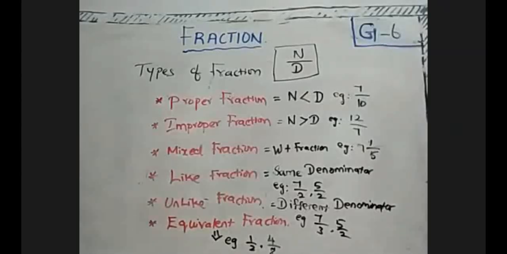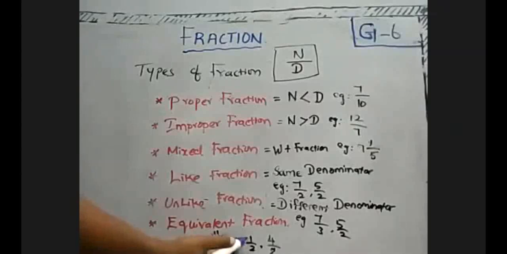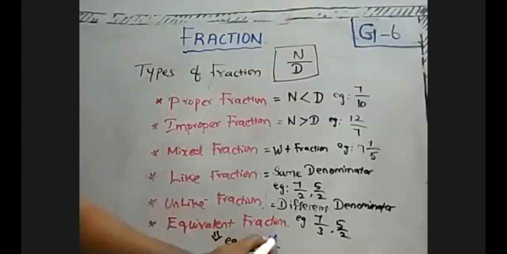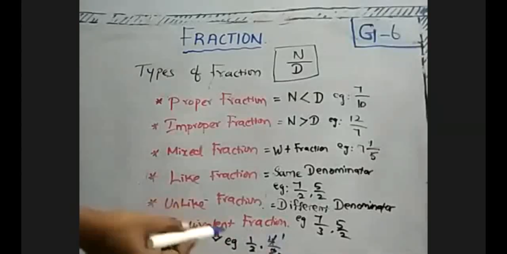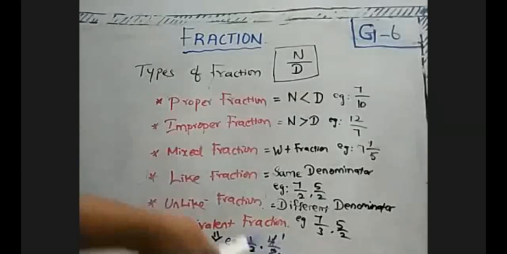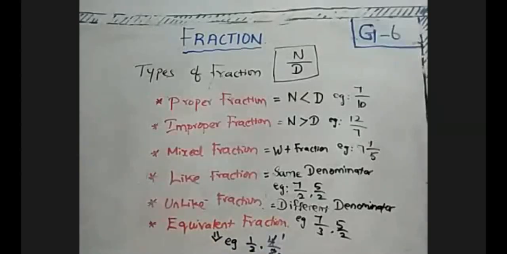The one which cannot be reduced, we leave as it is. The next fraction, you should reduce. 1 4s are 4, 2 4s are 8. So after reducing, this fraction is 1 by 2 and the other fraction is also 1 by 2. When both fractions are equal, then you can say this is equivalent fraction.